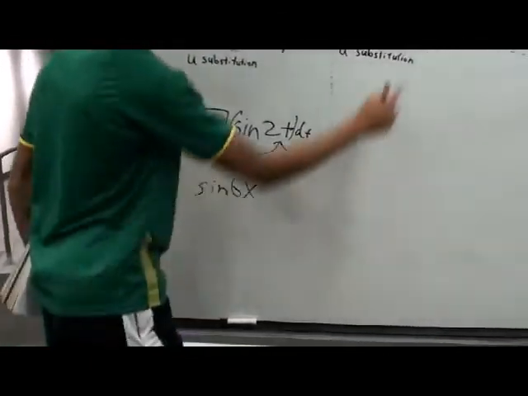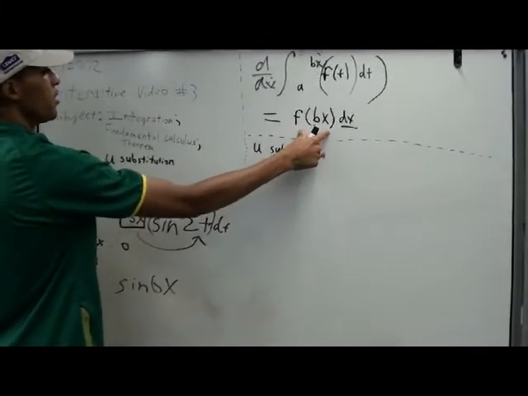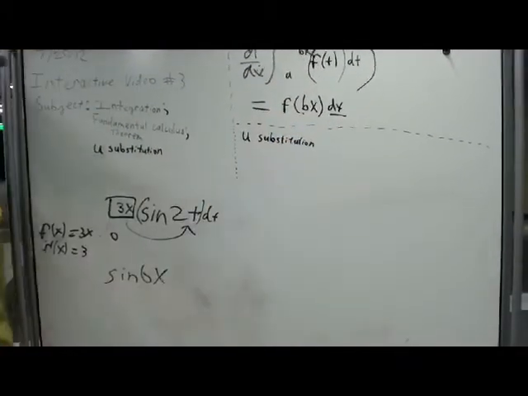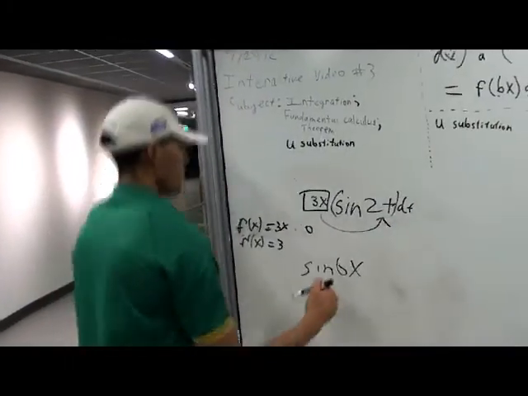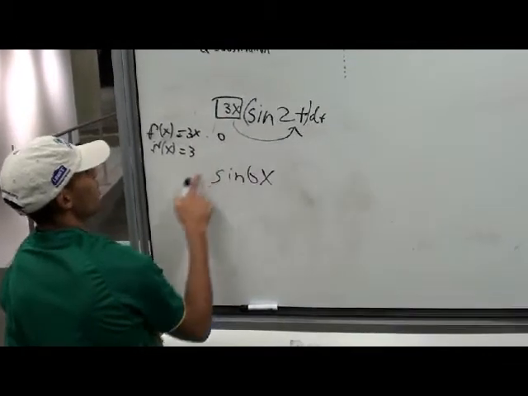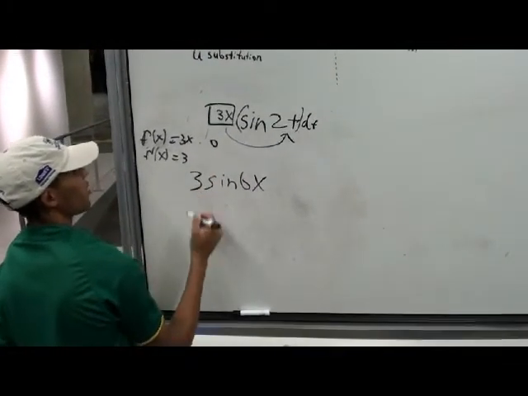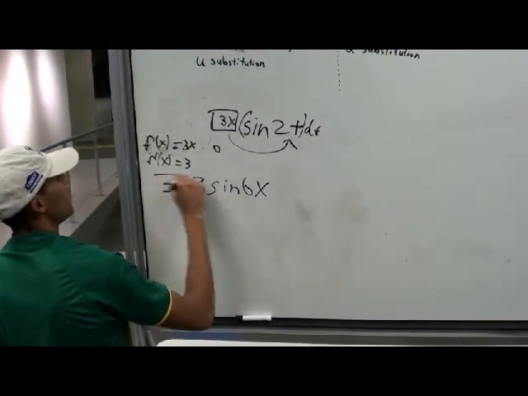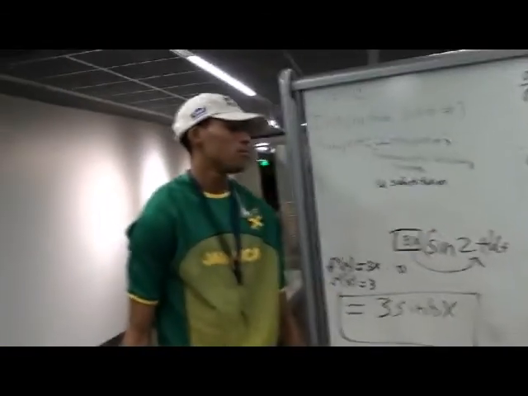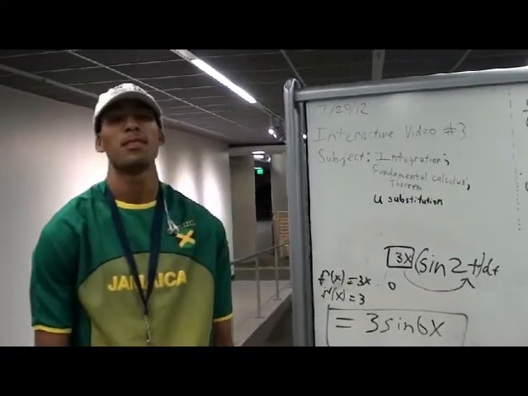And if you remember here, we multiply our function with the new value in it by its derivative. So the derivative of 3x is going to come out in front like this. And that's our answer.